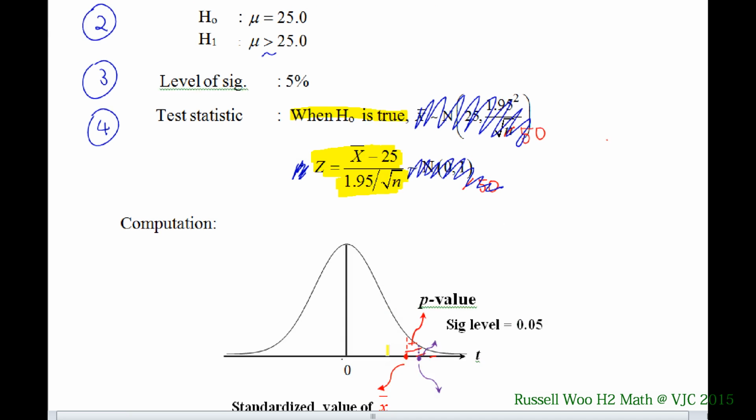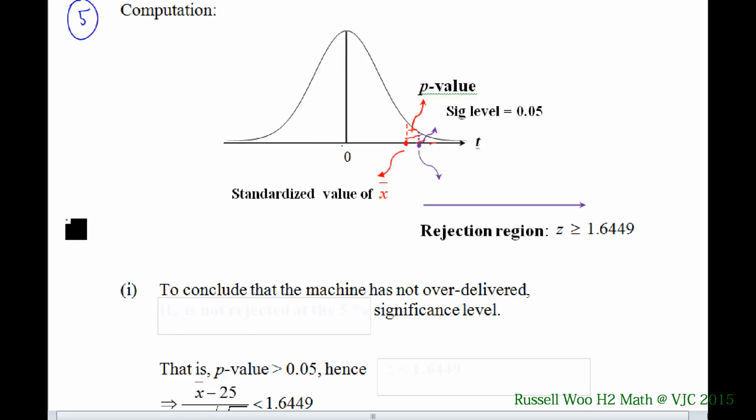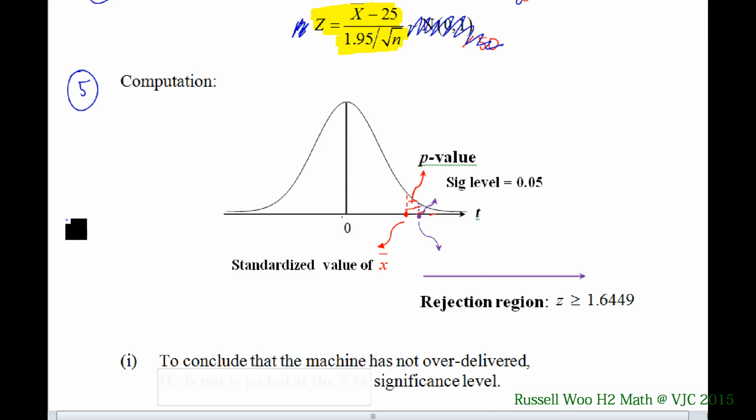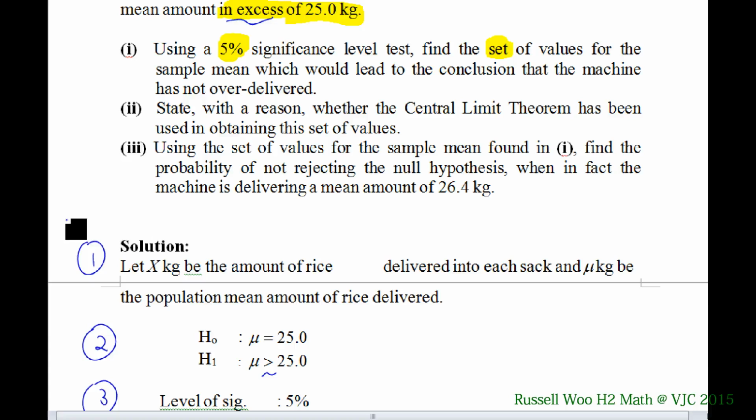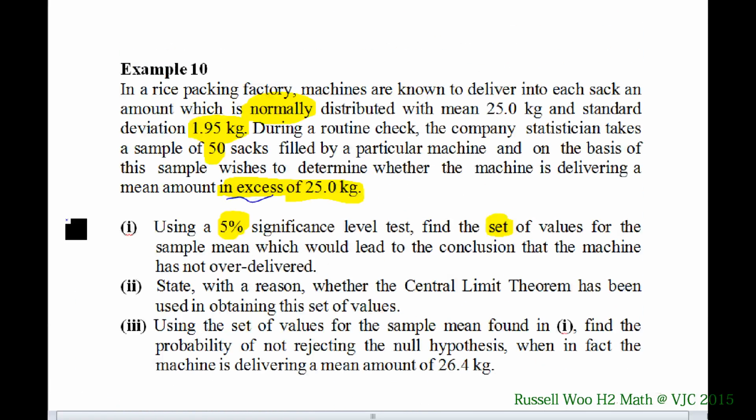Step 5, computation. Now, the question did not ask you to conclude because the question did not even give you your sample mean. There's no way of computing. Let's look at the problem.